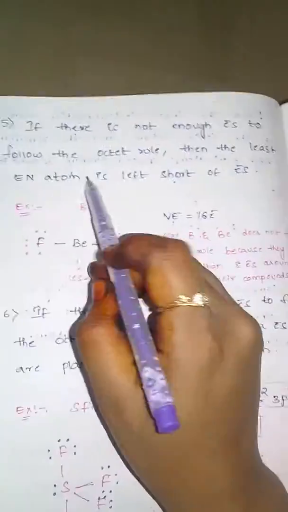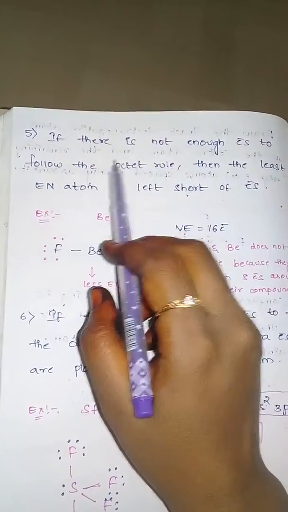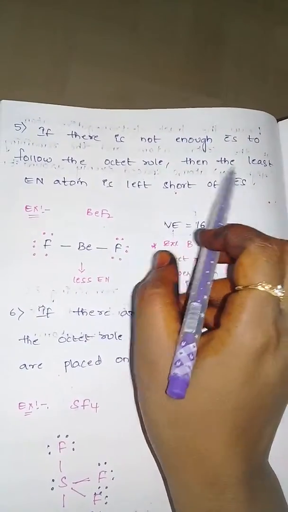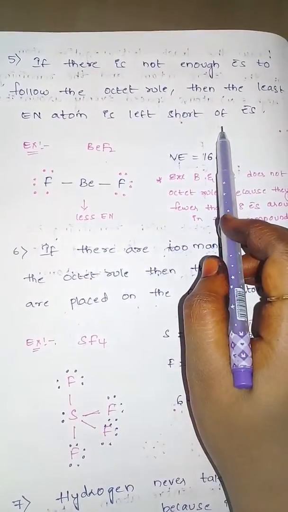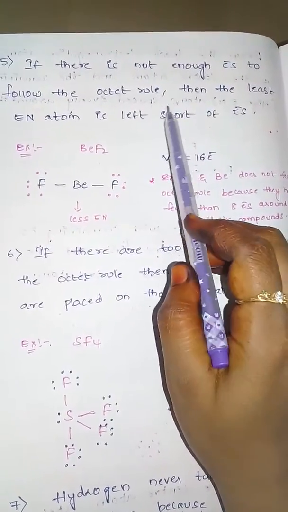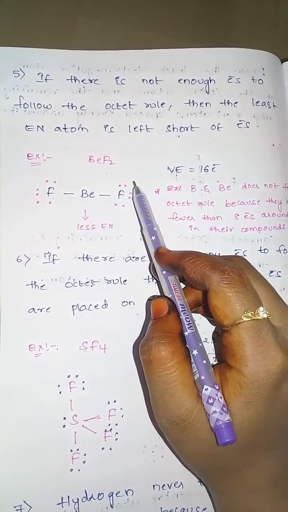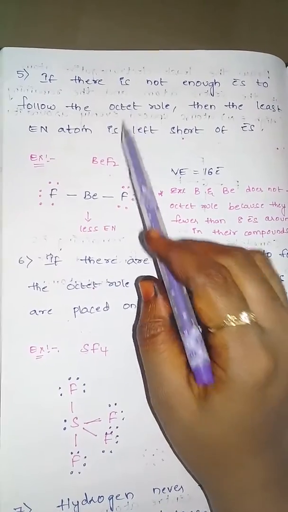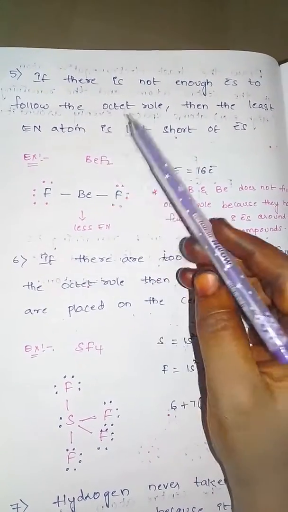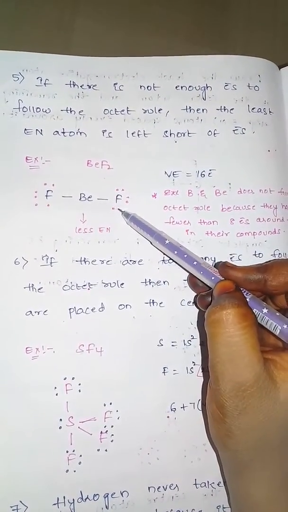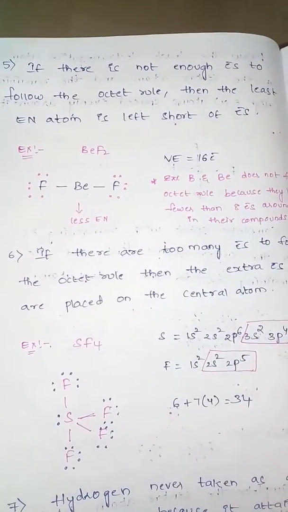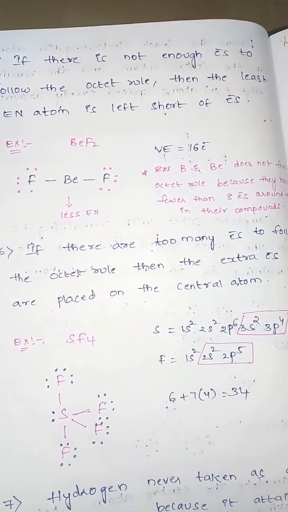Then the fifth rule: if there are not enough electrons to follow the octet rule, then the least electronegative atom is left short of electrons. First fill the outermost atoms, and the least electronegative atom is left short of electrons.